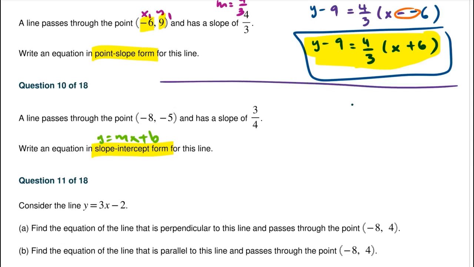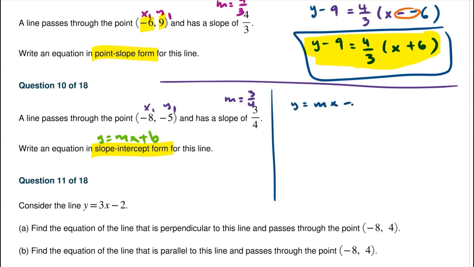There are two ways to do this. You can use the slope-intercept form to write the line, or you can use the point-slope form. Since we used point-slope form last time, I'm going to use the slope-intercept form this time, and we also want the answer in slope-intercept form anyway.